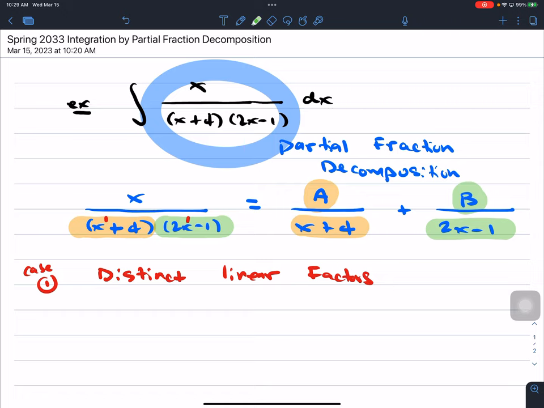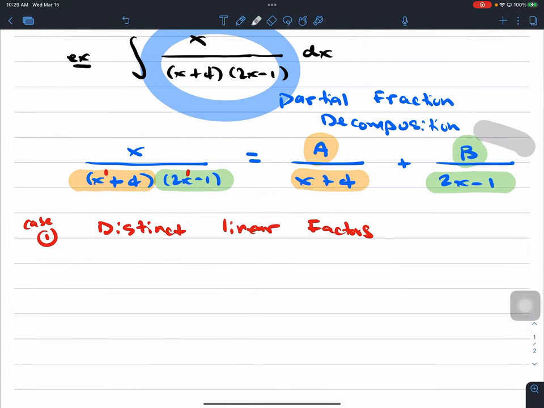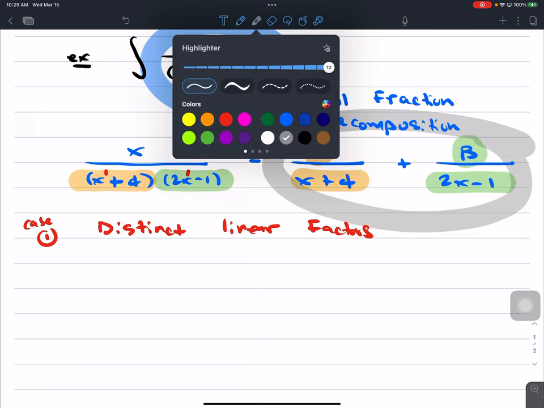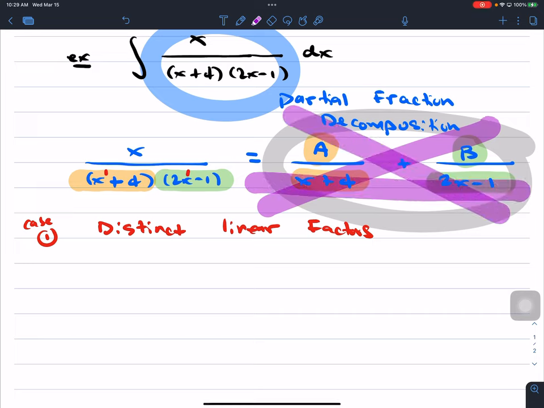And so you might say to me, okay, well, how do you actually do that? We're going to need that equation we got yesterday. You guys remember that equation? How did we get the equation where we can find the constants A and B for distinct linear factors? You focus on the right-hand side here, all right? And what you do is add your rationals. Remember that little procedure I gave you guys, that shortcut? Add the rationals.